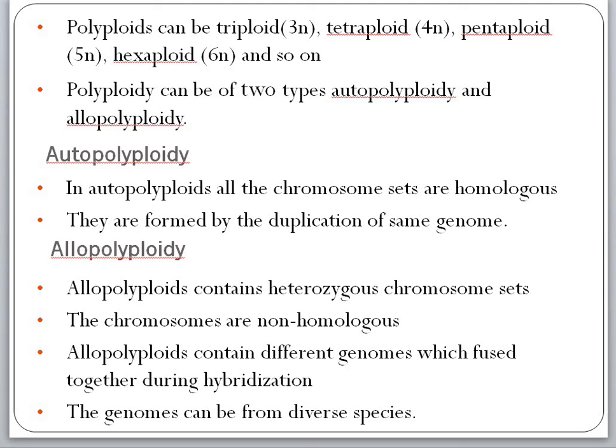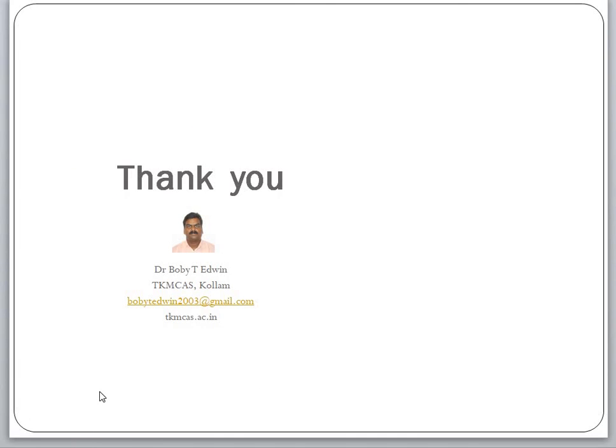In haploidy, there is loss of one set of chromosomes, so the genetic condition will become N. In polyploidy, chromosome sets are added to the 2x condition or the diploid condition. Depending on the homogeneity, or whether the duplicated chromosome sets are similar or dissimilar, the polyploidy can be autopolyploidy or allopolyploidy. And thanks for your patient listening.